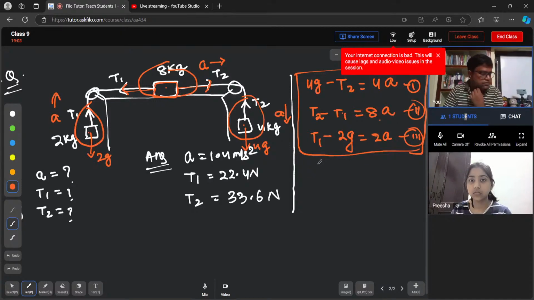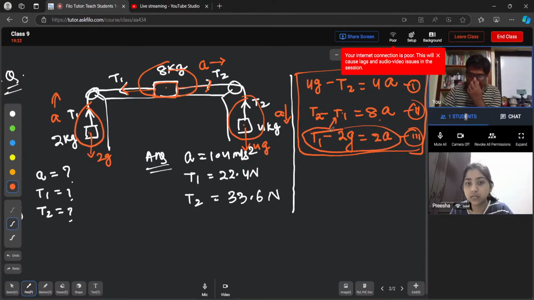Now let us put the value of, let's say, T1 in equation 2. Then equation 2 will also become a T2 equation, and equation 1 also T2. So now T1 is removed, it has become a two variable system.